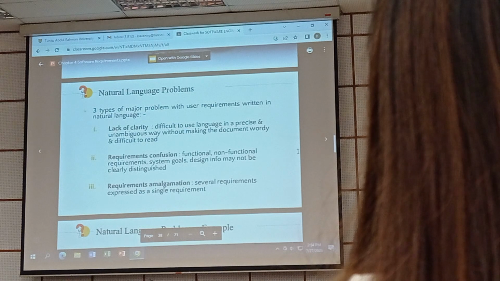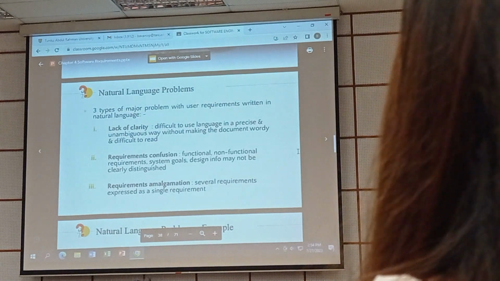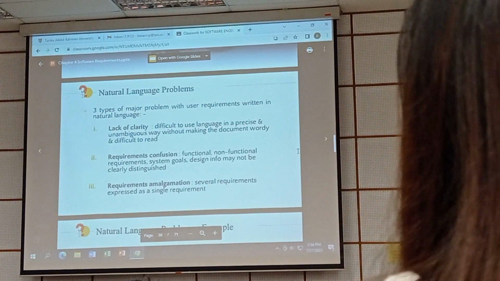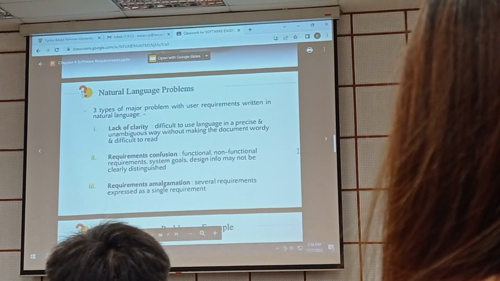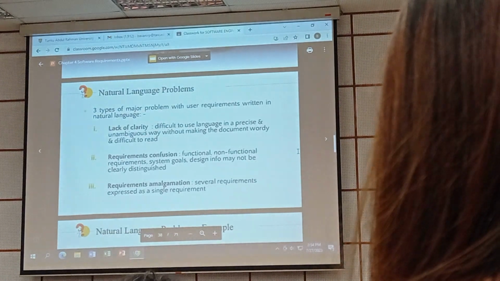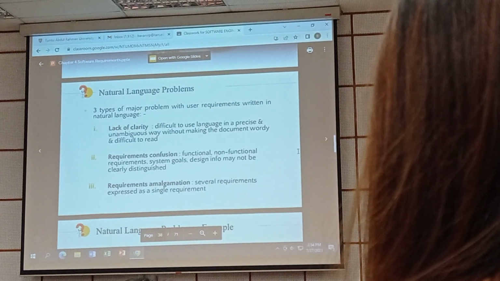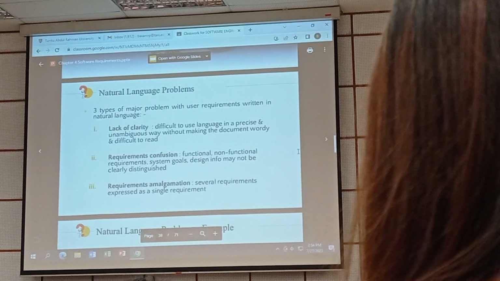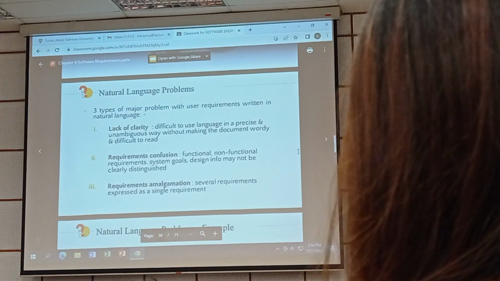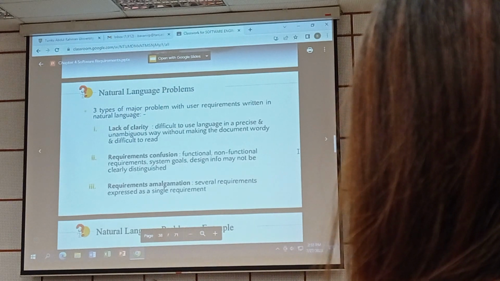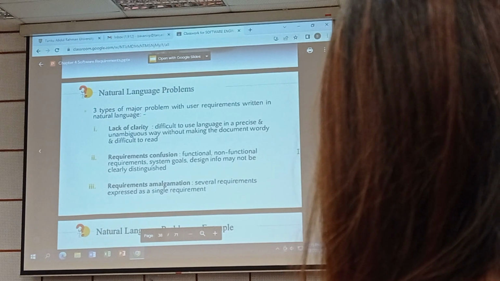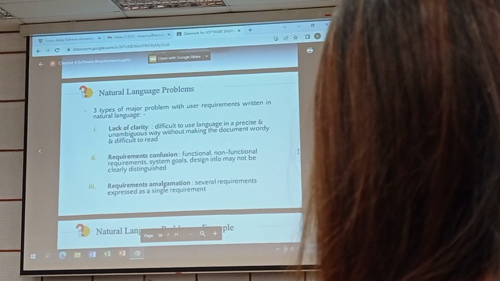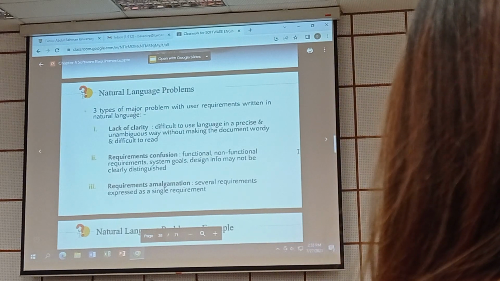Lack of clarity is because of the difficulty of using language precisely without making the document wordy or difficult to read. Nowadays we are not using one language. Even in one sentence when you talk to people, you are mixing languages, mixing English with Malay, with Chinese. So in that way the clarity is not there.